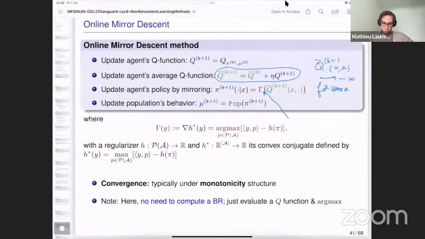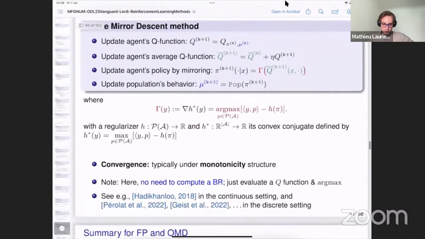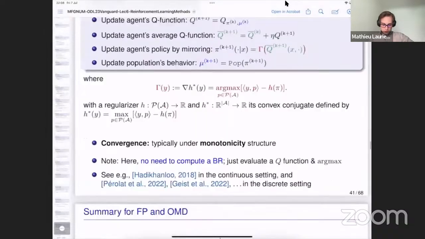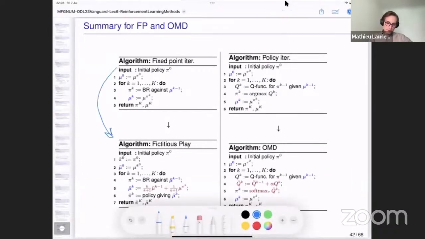Okay, so here is what I wanted to say for the meta algorithms. Typically convergence again, and there is this monotonicity structure. And here is a summary. Starting from fixed point iteration, you can define fictitious play by averaging the mean field or averaging the policy. Starting from policy iteration, you can get online mirror descent or smooth policy iteration using a sum over the Q functions.